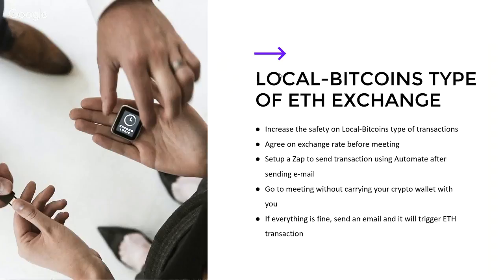But I think this is often the case. And this increases your safety because someone won't be able to access your crypto wallet, because you're just using a signed transaction, Automate service, and Zapier and email. So this doesn't touch any of your private keys to your wallet, which means you are safe.